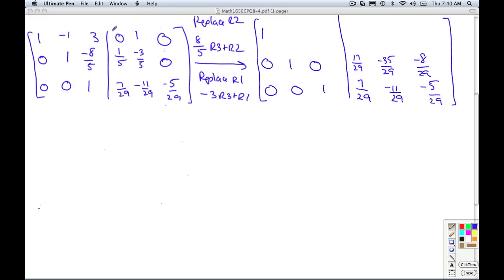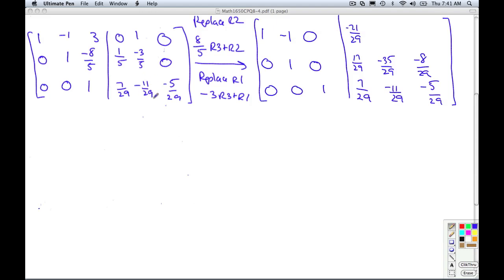Negative 3 times 0, add that to negative 1, you get negative 1. Negative 3 times 1 is negative 3 plus 3, and that's the 0 we were after. You multiply this by negative 3, you get negative 21 over 29. Add it to 0, you get negative 21 over 29.